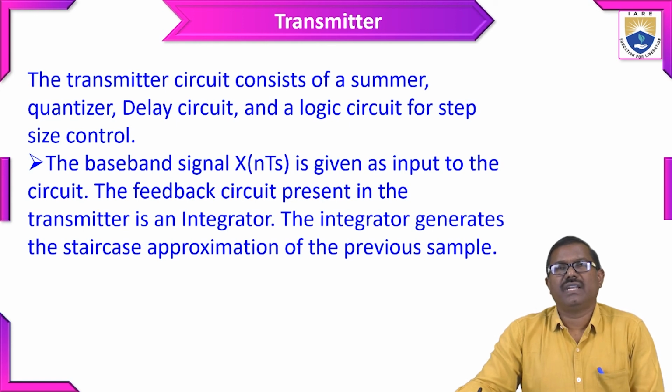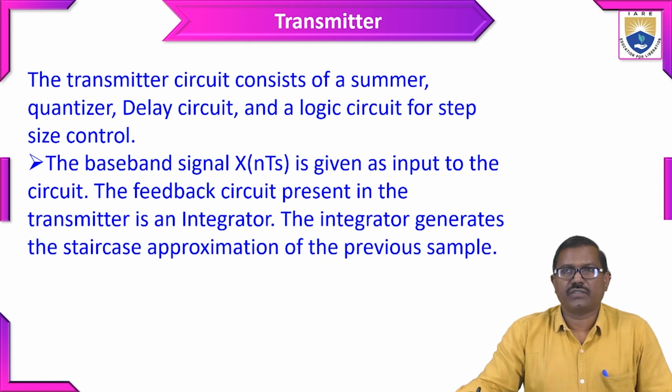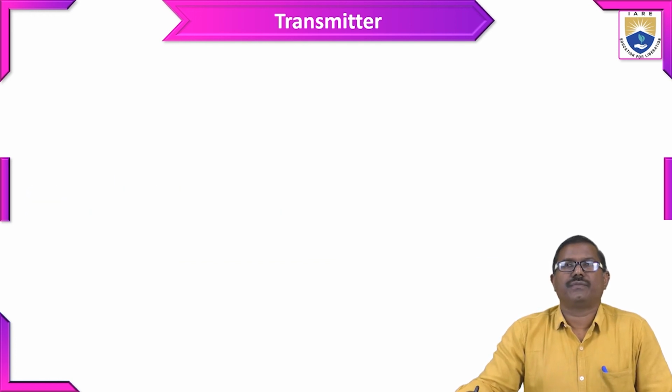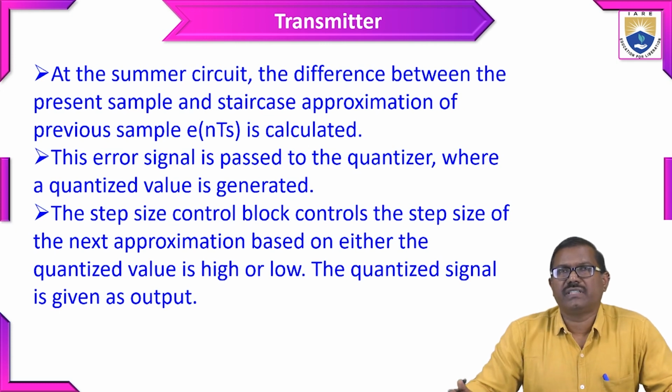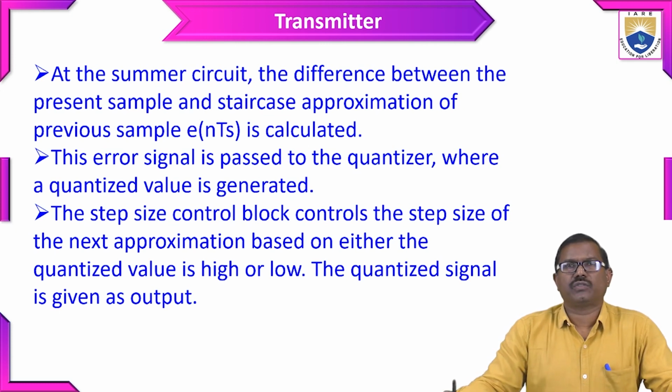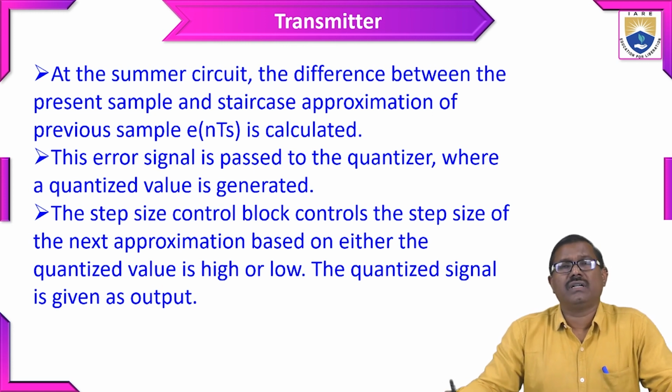So the baseband signal x(nTs) is given as input to the circuit. The feedback circuit represents the transmitter as an integrator. The integrator generates a staircase approximation of the previous sample. So at the summer circuit, the difference between the present sample value and staircase approximation of previous sample, e(nT), is calculated as usual in delta modulation.